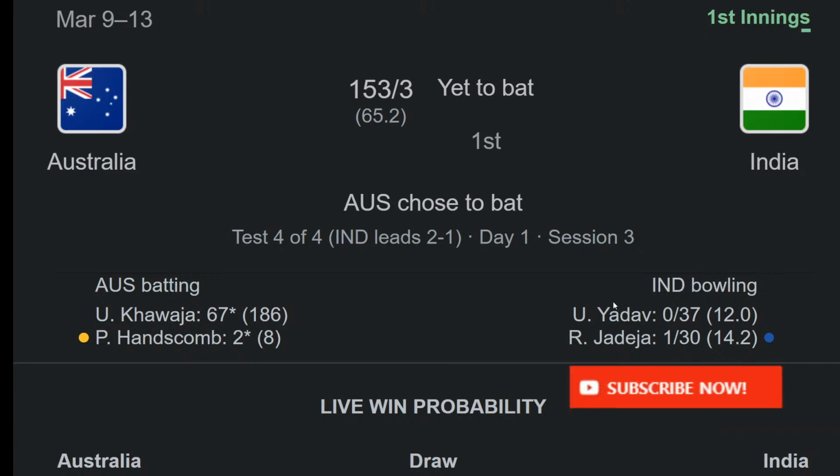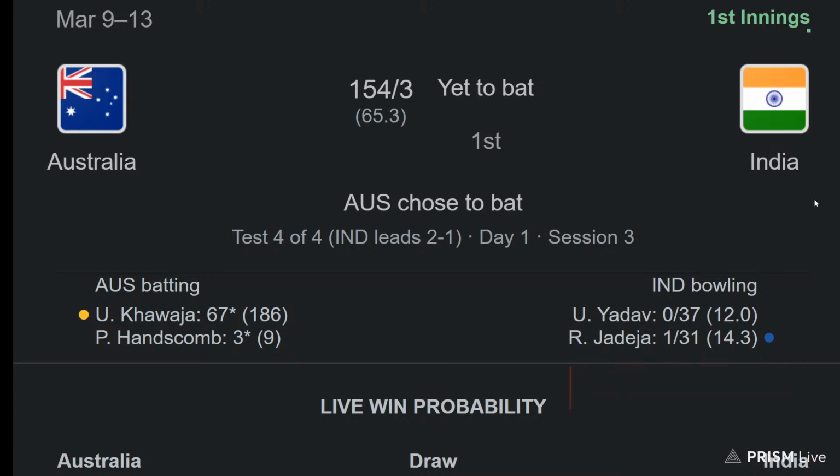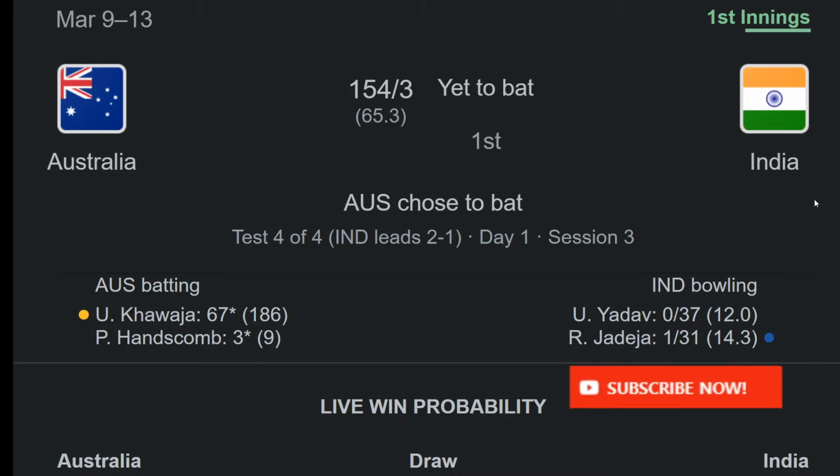Plays the ball towards mid wicket area. 154 for the loss of 3 wickets. Khaja 67 and Handscomb 3.